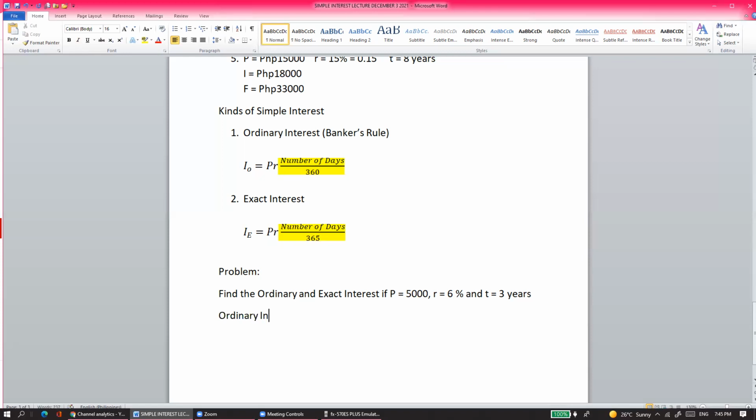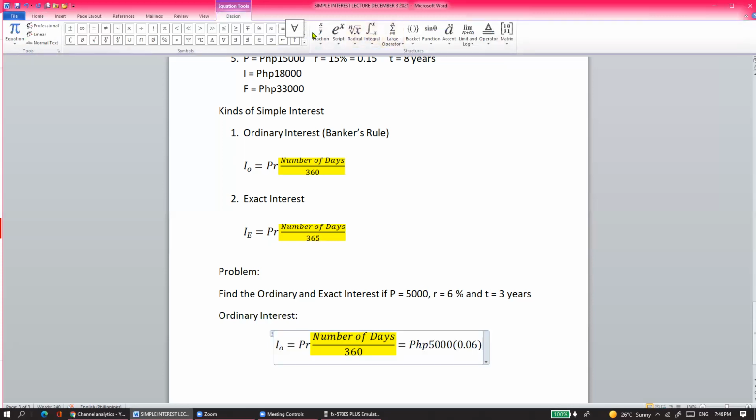So I'll type it. So since ordinary interest ang pinapahanap, I'll be using this formula. And that's it. Now, substitution tayo. Ang value ng principal is 5,000. So I'll type 5,000. And then ang value ng R is 6%. So definitely, it will become 0.06. Ko-convert ko yung 6% sa decimal eh. And then afterward, we have the number of days over 360. And it so happen that the number of days na ibinigay, okay.